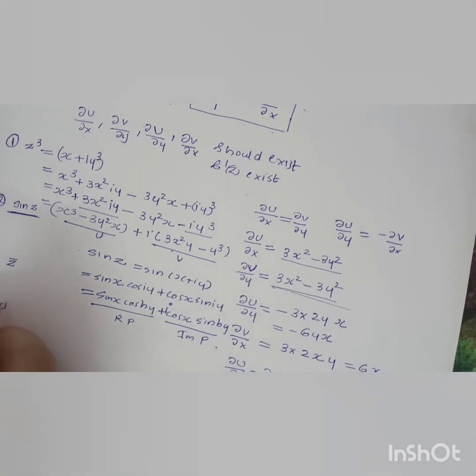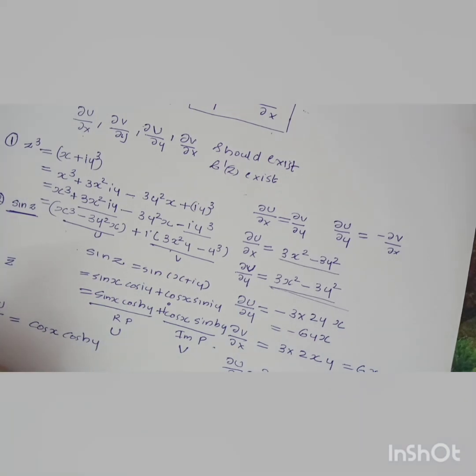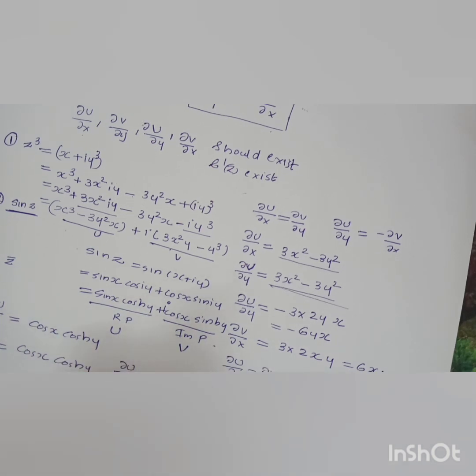So this is u and this is v. ∂u/∂x is equal to cos x cosh y, and ∂v/∂y is equal to cos x cosh y. So ∂u/∂x is equal to ∂v/∂y.